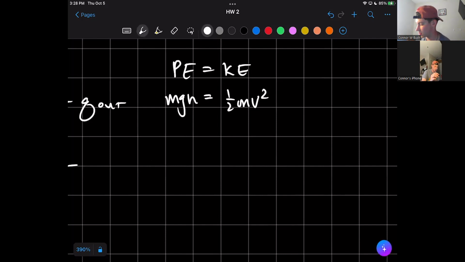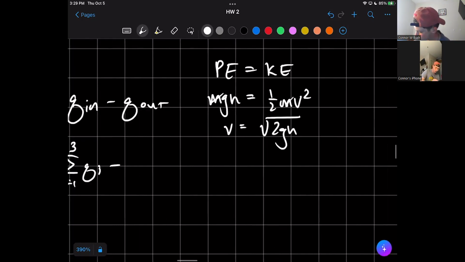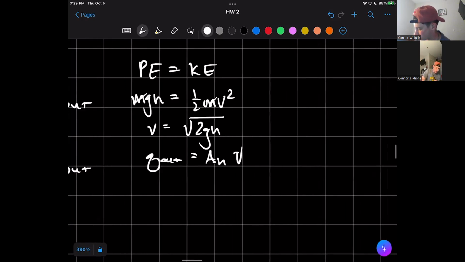The kinetic energy at the bottom, mass cancels, and if we solve for velocity, we get this expression there for velocity. So our expression for Q out becomes the cross-sectional area of the hole multiplied by the velocity, or square root of 2gh.